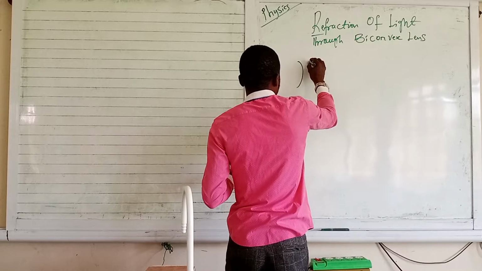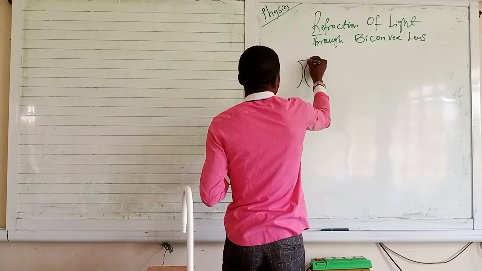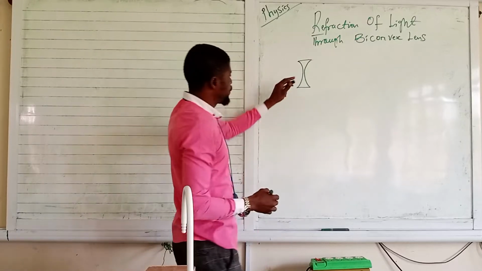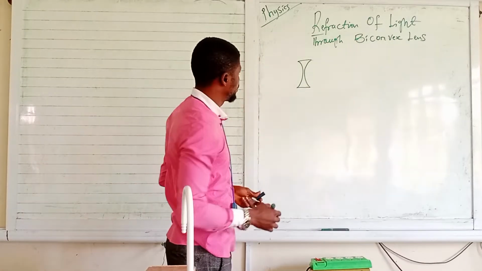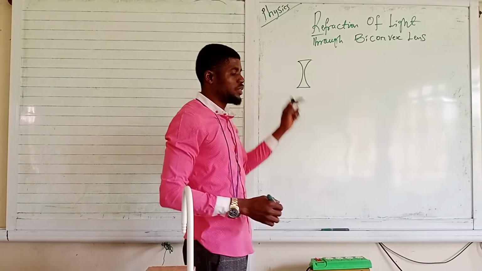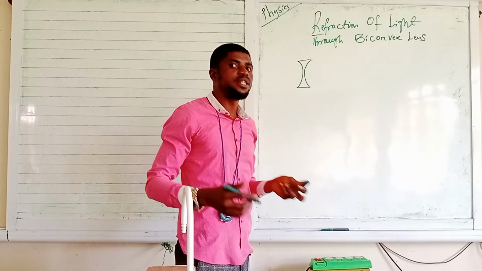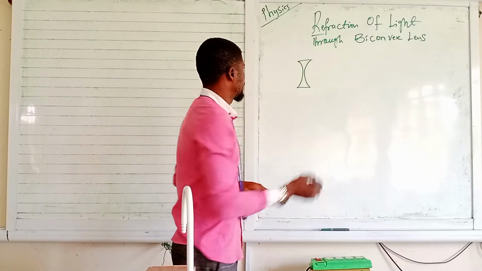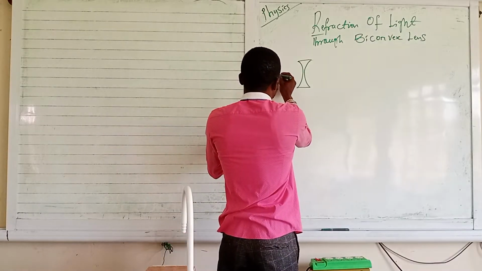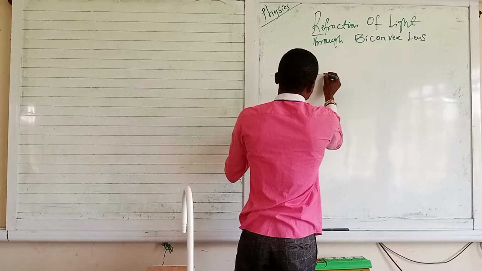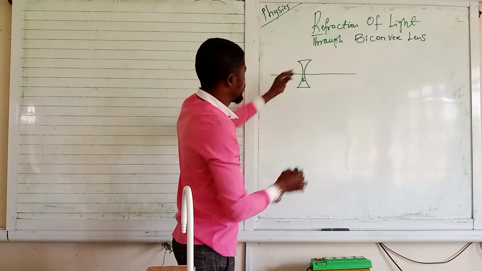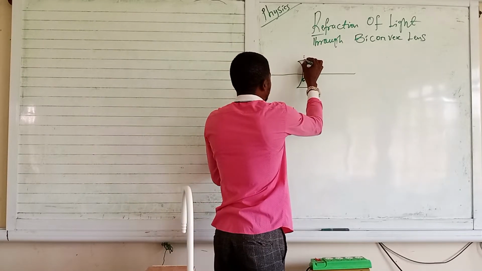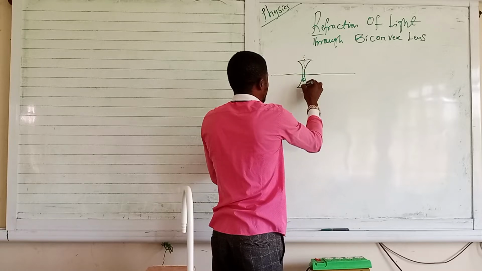The biconcave lens looks like this. It is thin at the center and thick at the edge. It is also called the divergent lens. Reason being that if we draw this as our principal axis, and here as the center of curvature of the lens, this is our line of symmetry.